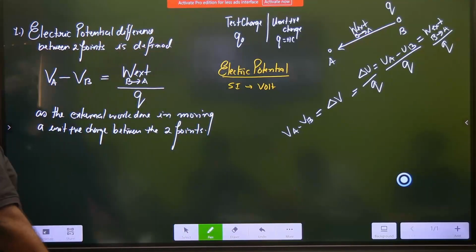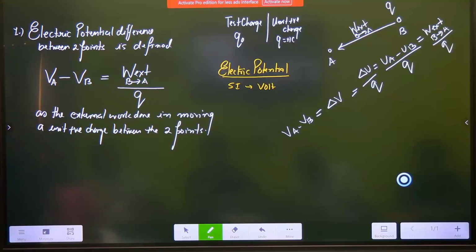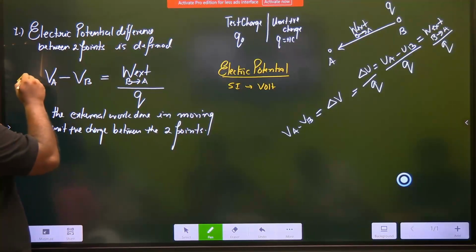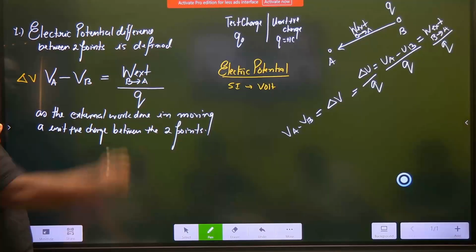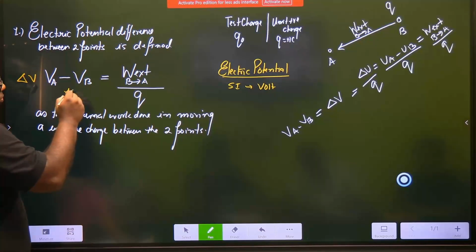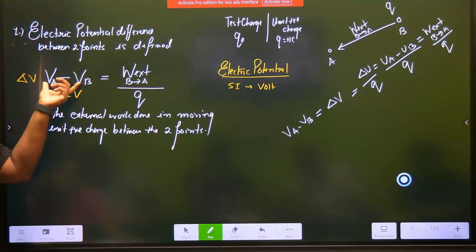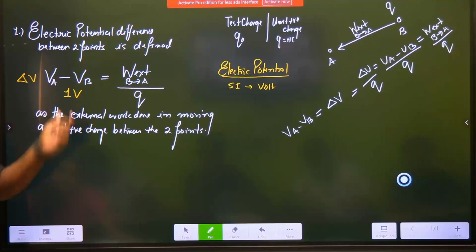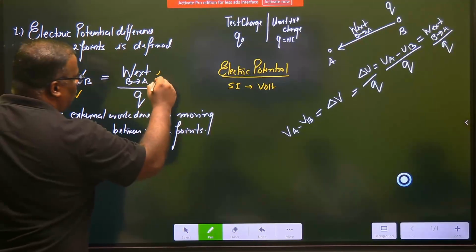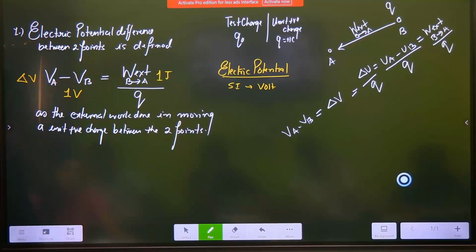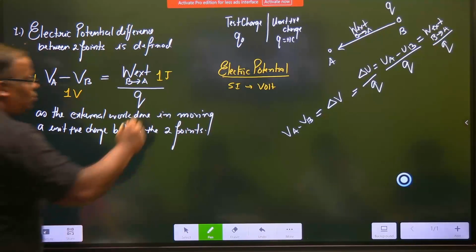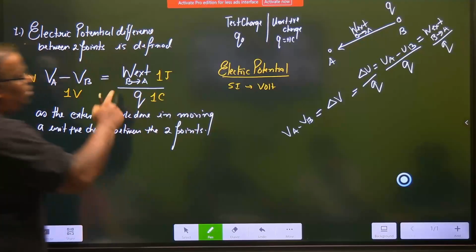So how do we define the electric potential difference of 1 volt? The electric potential difference between 2 points is said to be 1 volt when 1 joule of external work is done to move a charge of 1 coulomb between the 2 points.